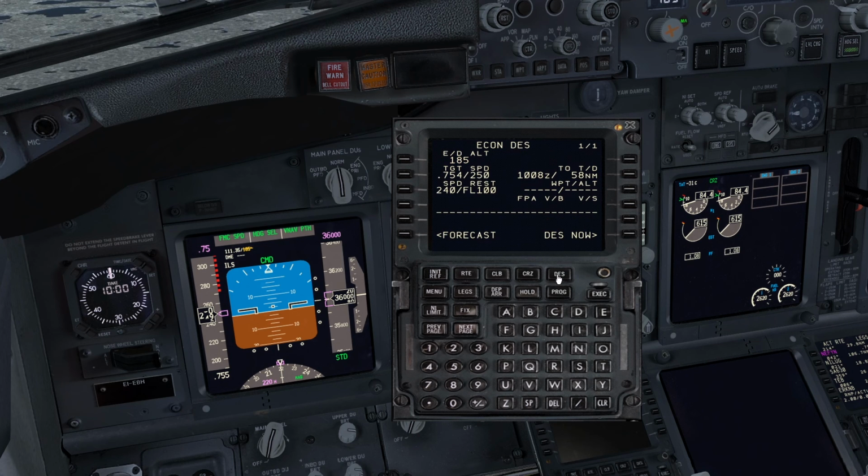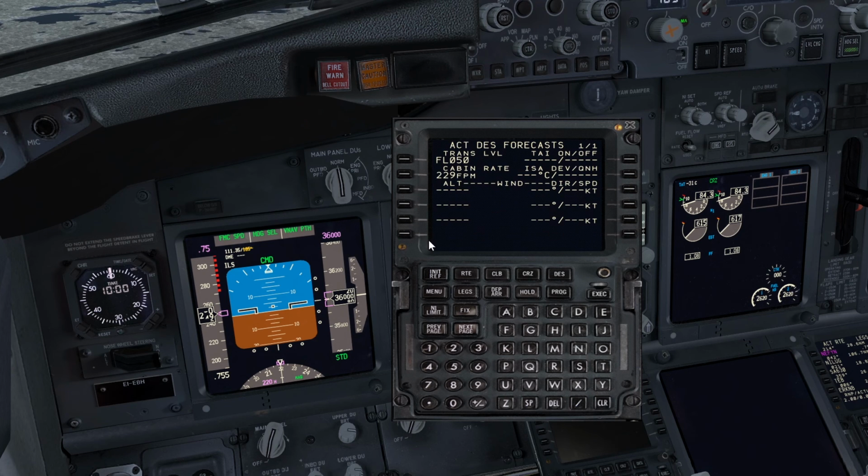So if you go to the descent, you start with putting in 250 below flight level 100, and you go to the forecasts. So on this page you can set the transition level, as you probably already know, so we can just change it to 60. The QNH Arlanda is, I'm just using the standard weather now, so we'll just put in that one.